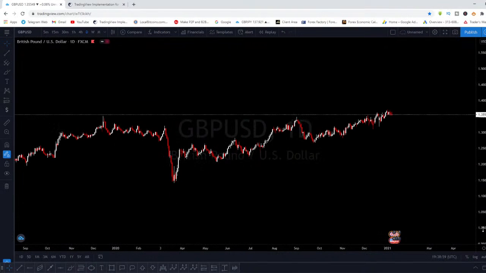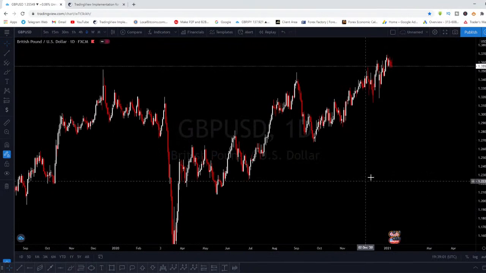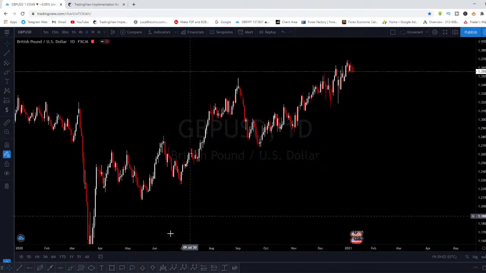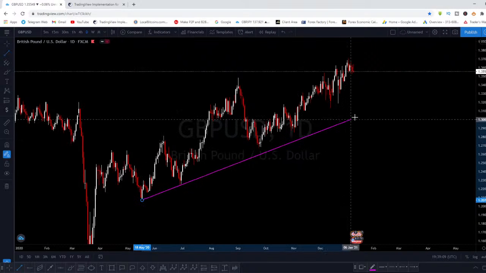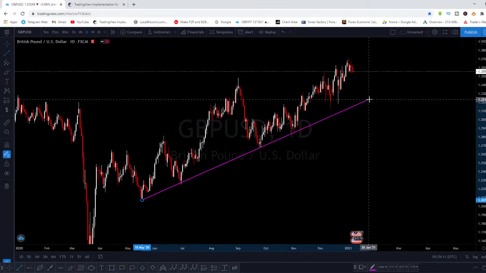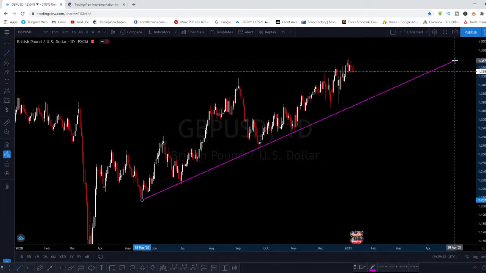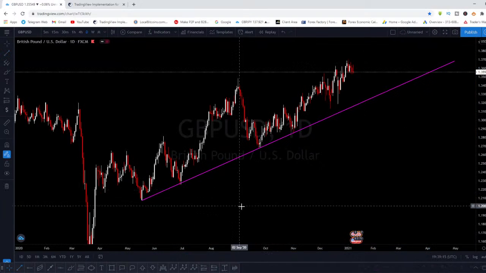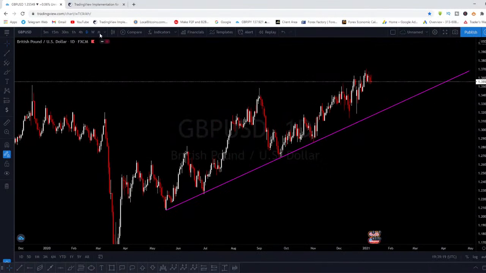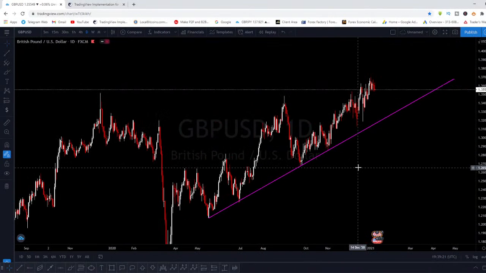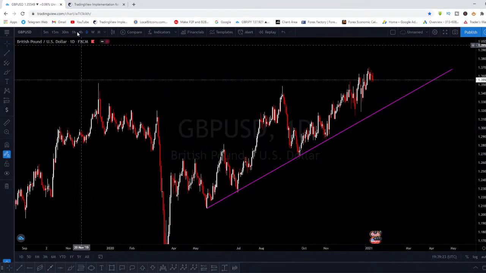Like GBPUSD has not stopped moving to the upside, and right now, if you plot your trend line on this daily time frame, you're going to get something like this to the upside. You see that? This is an indication for you to know, oh, this is a long-term buy, right? This is a long-term buy on this.